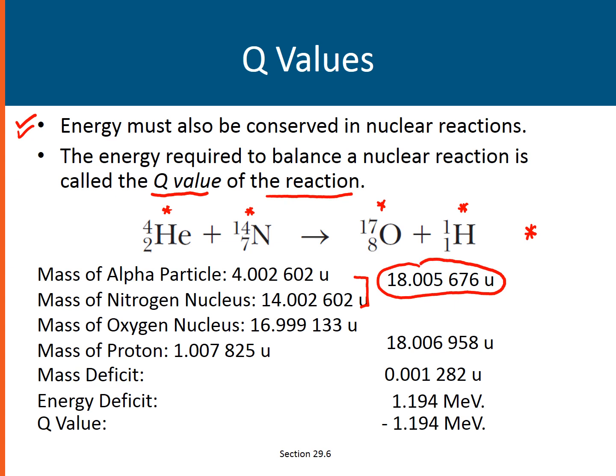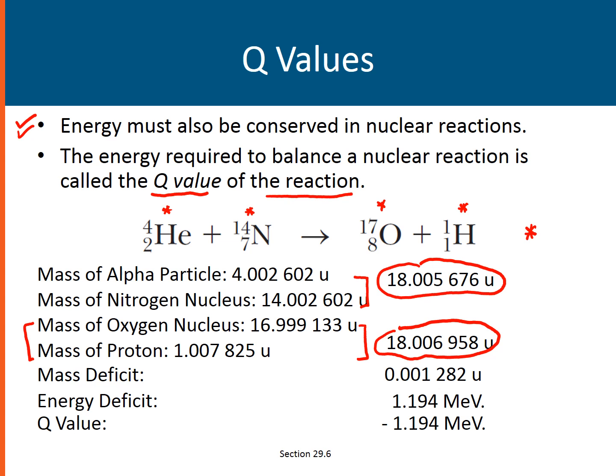and that is equal to 18.005676 unified mass unit. After the reaction, the total mass is the sum of the masses of the oxygen nucleus and the proton, and that is equal to 18.006958 unified mass unit.